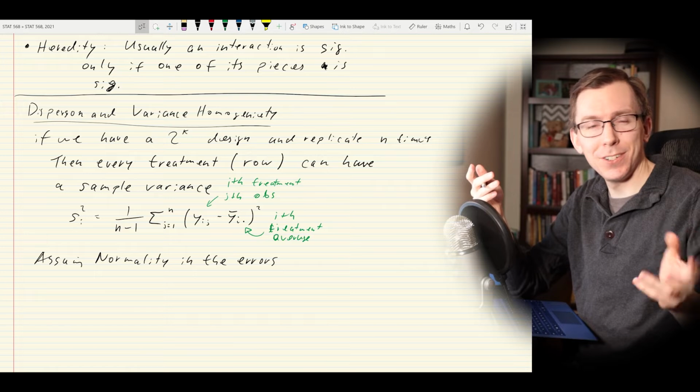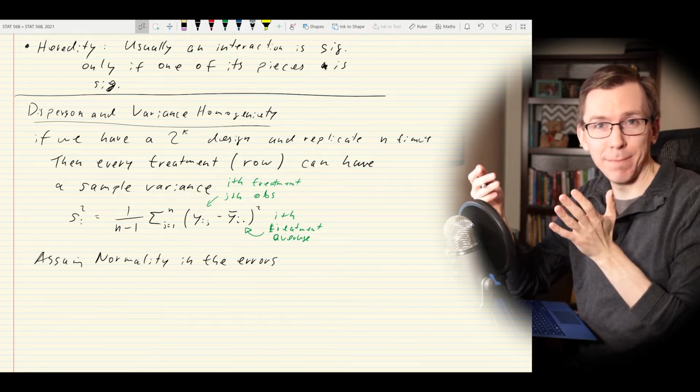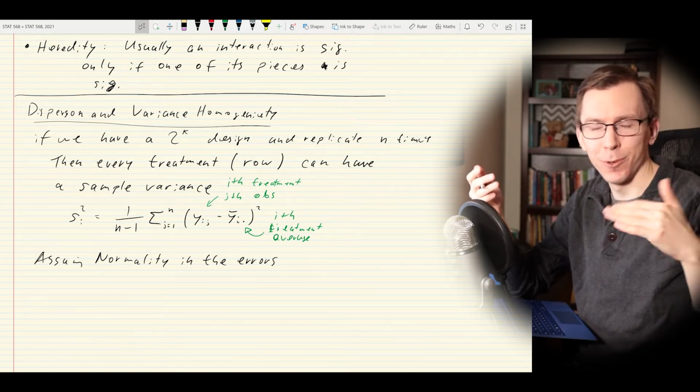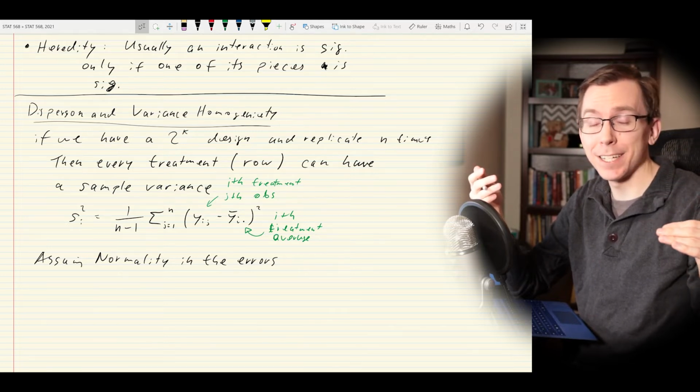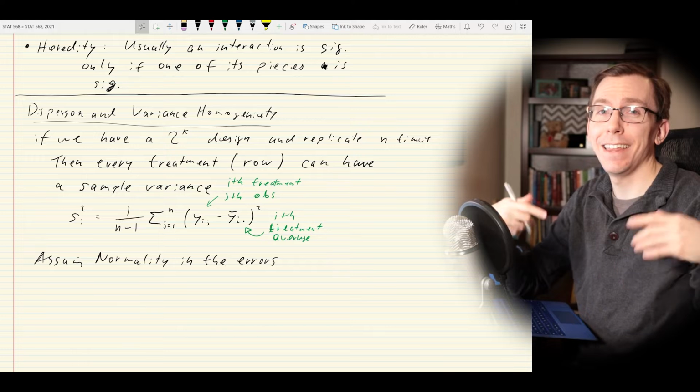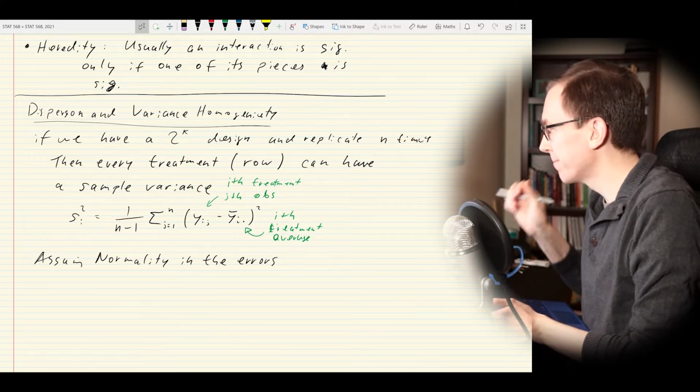What I really mean is you take something normal, subtract the mean, divide by the standard deviation to get a variance of 1, and then square it, and you get a chi-squared random variable.